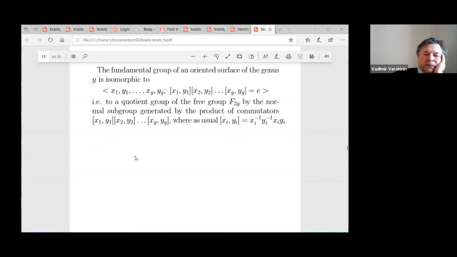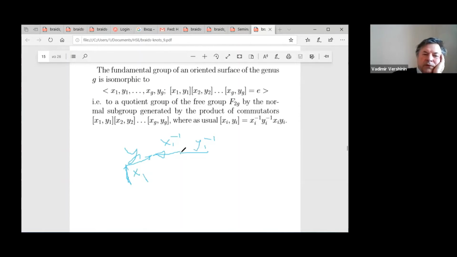So if you have the n-gon, you have say x1 in this direction, then y1 in this direction, then you have x1 but in the opposite direction, and then you have, so I write, x minus 1, y minus 1.